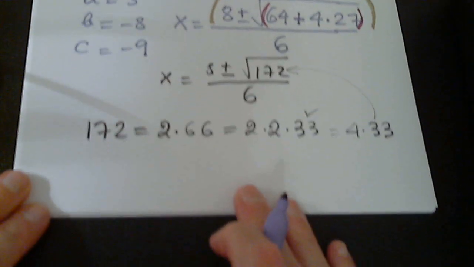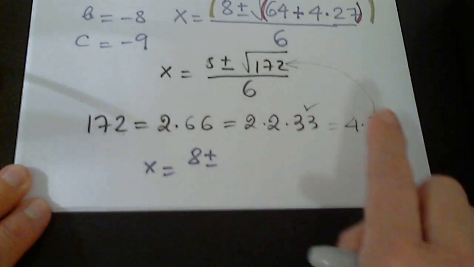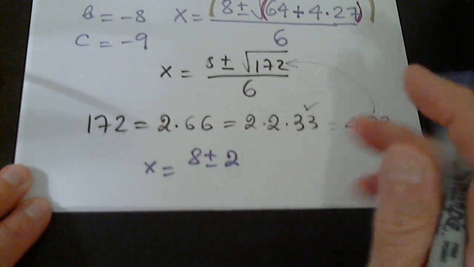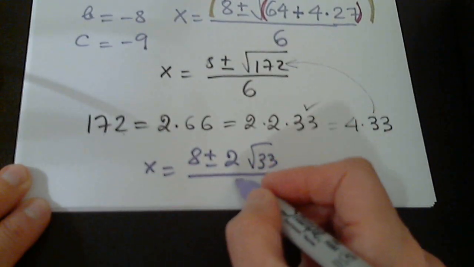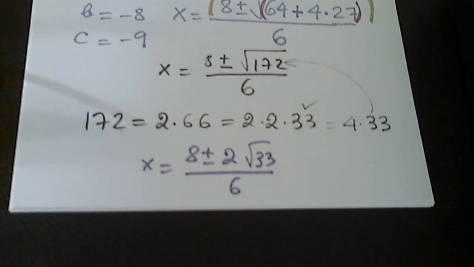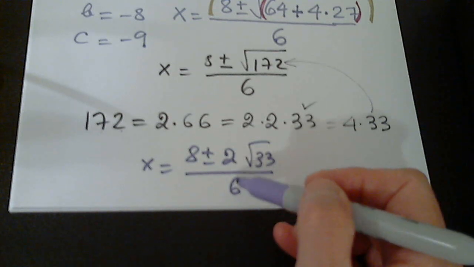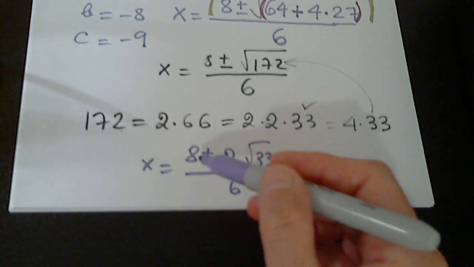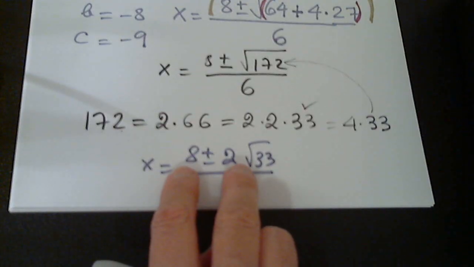Very tedious situation. So x equals 8 plus or minus the square root of 4 is 2, and the square root of 33 has to stay. Now this is fine, but it's not fully simplified. Please remember, you cannot simplify 2 with 6. You cannot simplify 8 with 6 because these are terms.